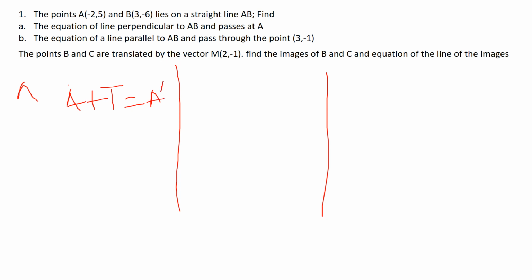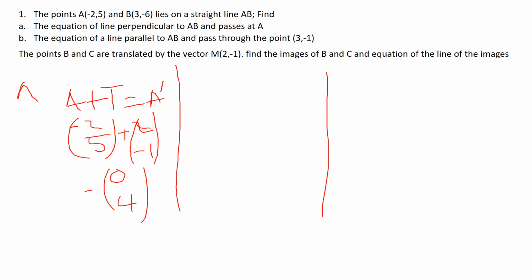So in this case we have negative 2, 5, then we add 2, negative 1. This will give us negative 2 plus 2, which is 0, and then 4. So remember, this is the coordinate of A prime, and then the other one is B prime, which will be B plus the translation, which will give us B prime.